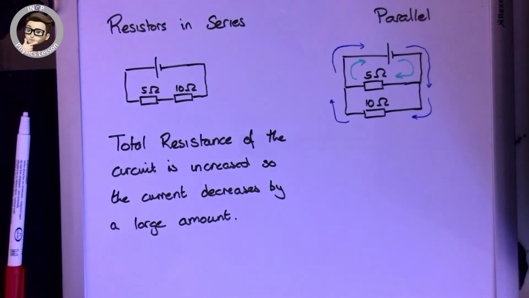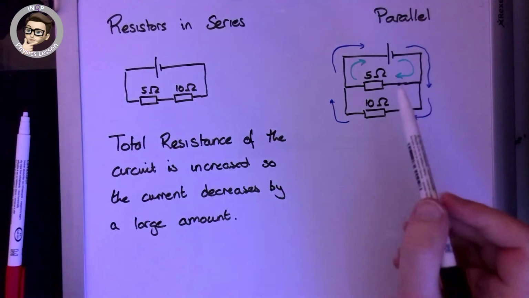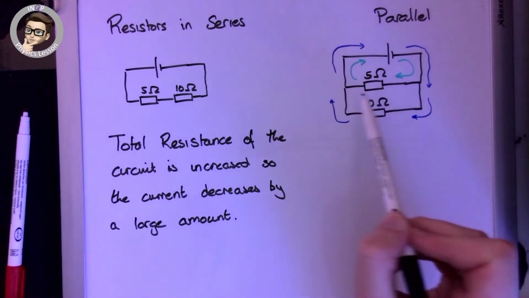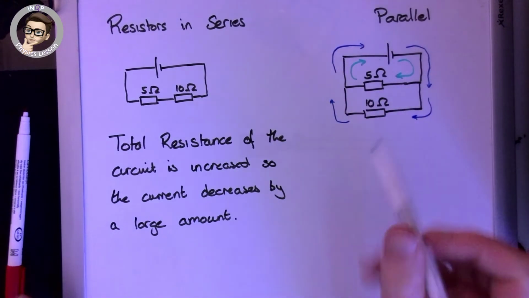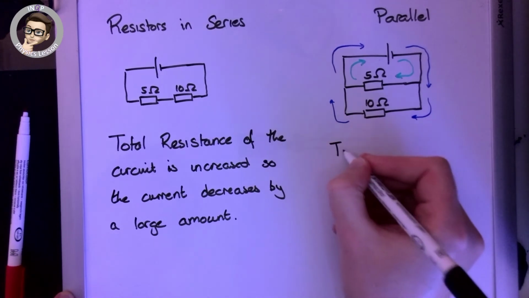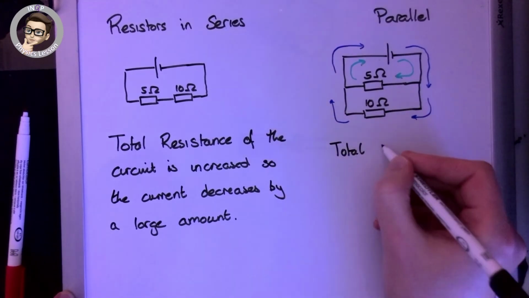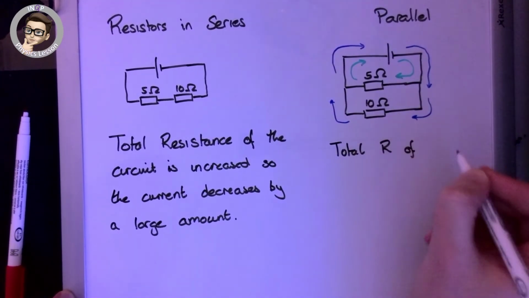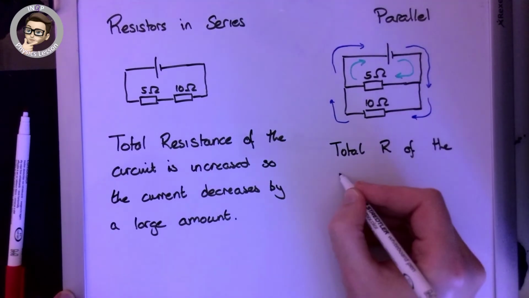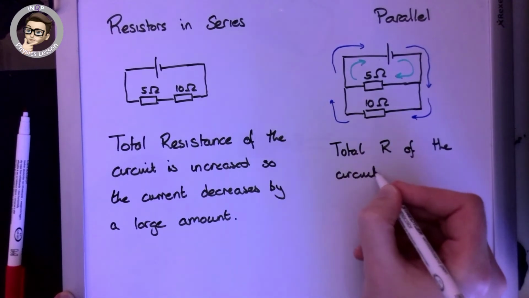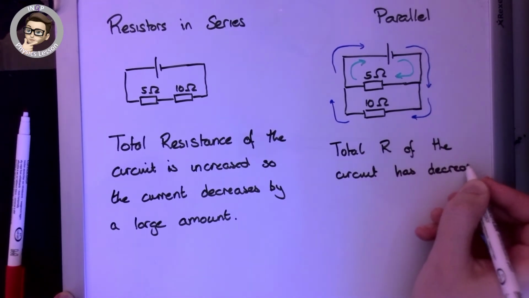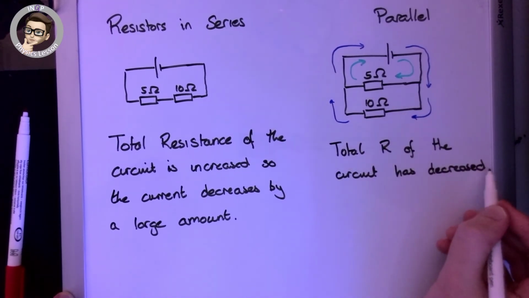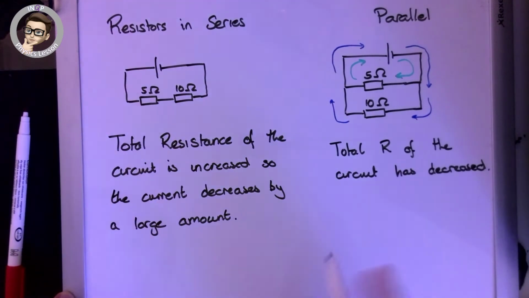And as we know, when we go parallel, we're actually allowing a greater current to flow because these extra wires have also got more electrons inside of them. So in this case, the total resistance of the circuit has actually decreased. So you can think that there's a second route for our electrons to travel.